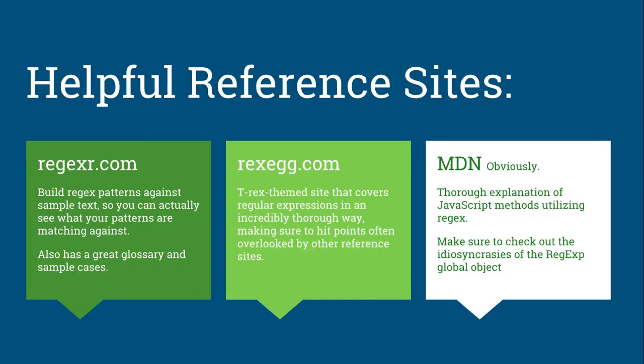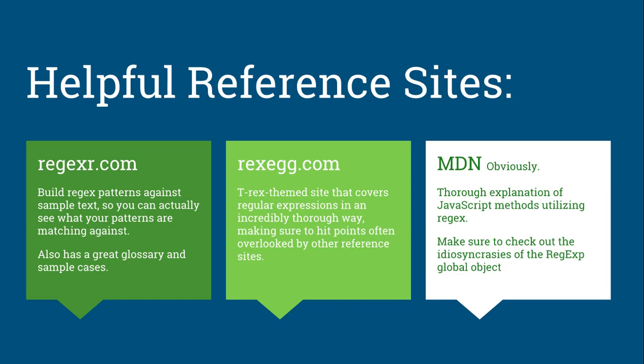So here's some reference sites that I found really, really helpful. Regexer is really common. It allows you to build your regex pattern against some sample text with highlighting so you can see what you're actually grabbing. It also has a great glossary and sample cases to refer to.